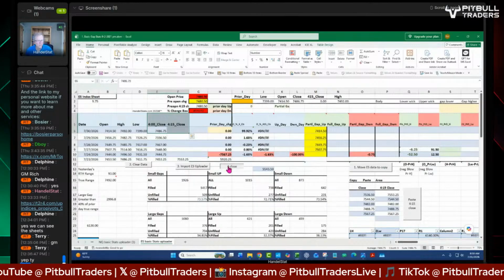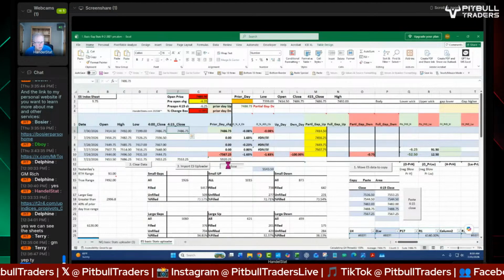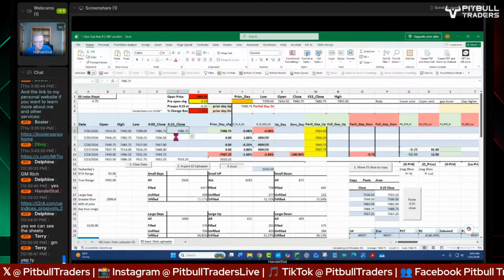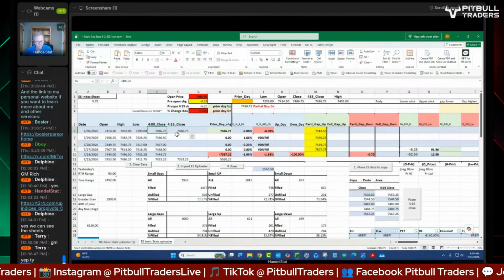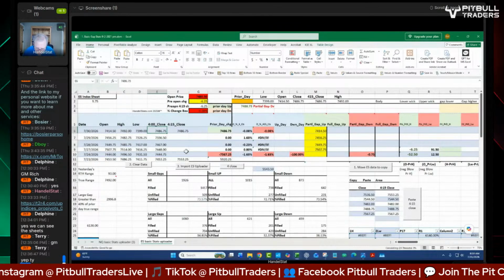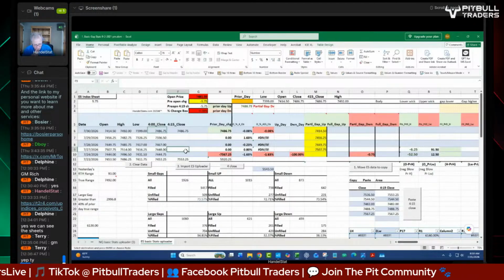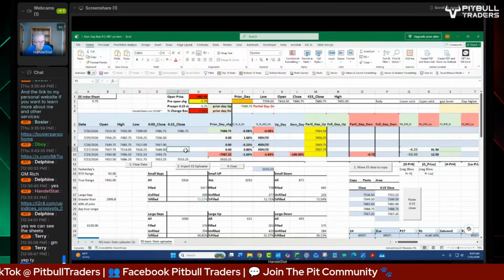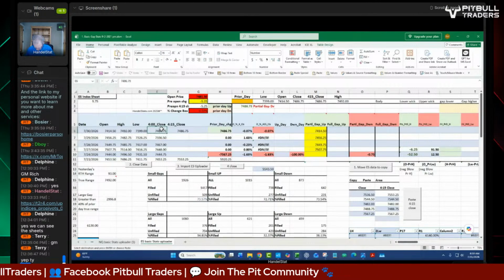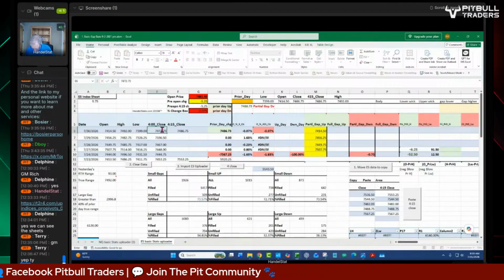Let's see. The 4 o'clock close was up. 4 o'clock close was 4,074.72.75, enter.